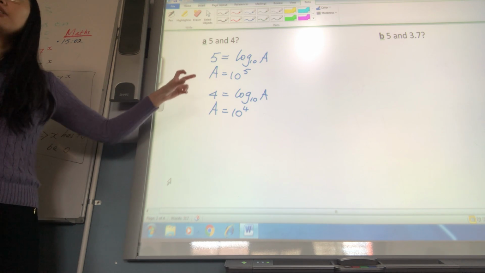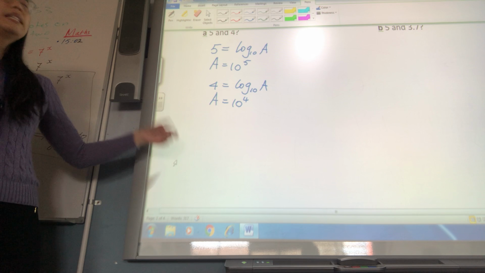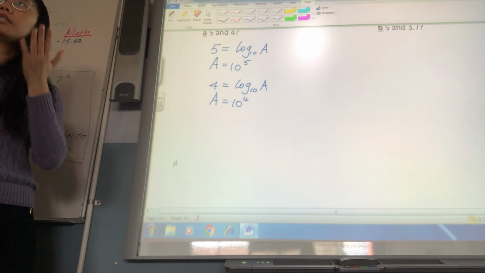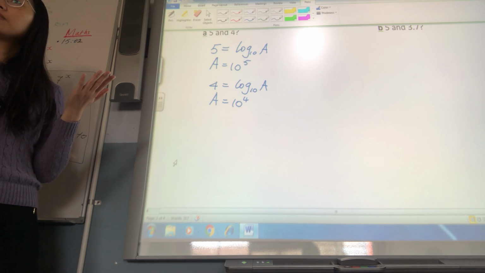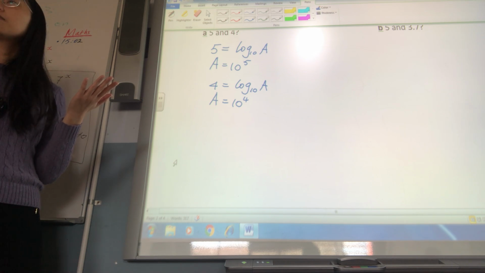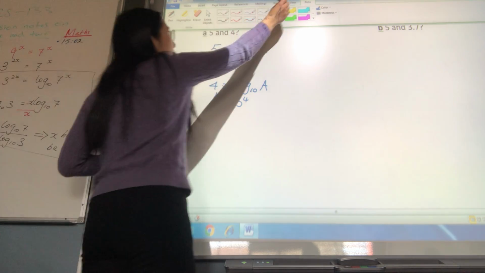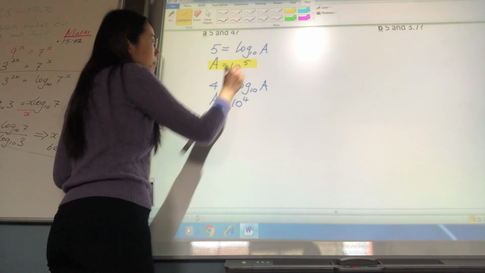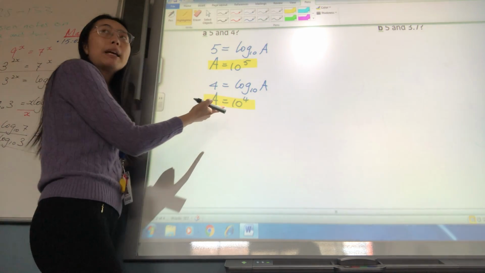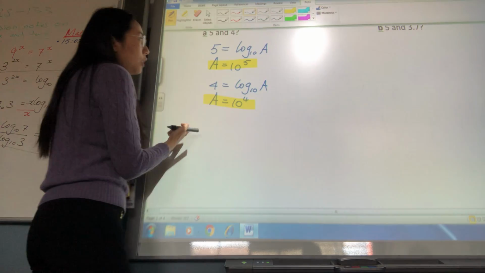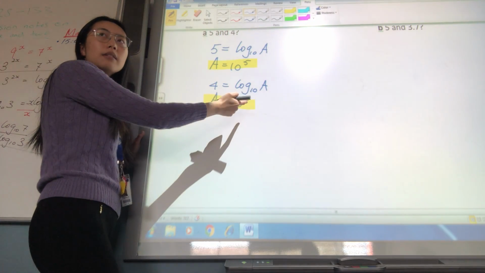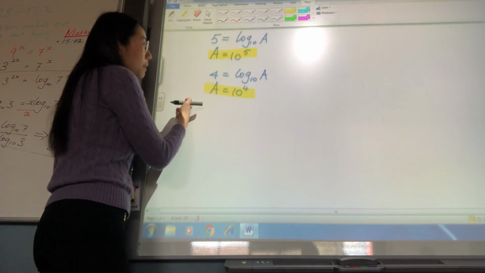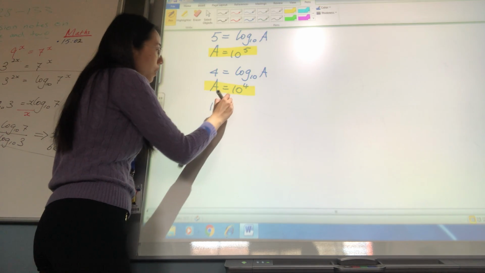But it says, what's the relationship between them? Basically, is one bigger by how many times? By 10 times, right? Because for magnitude 5, this is the amplitude, and this is the second amplitude for magnitude 4. So it's basically 100,000 and 10,000. You can see that it's 10 times bigger. So it's 10 to the 5 over 10 to the 4.